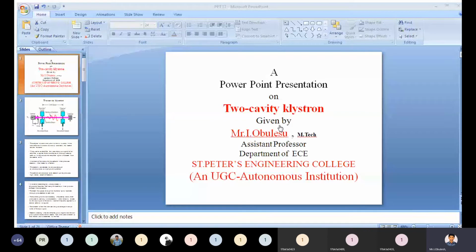Their kinetic energy is converted into electric potential energy by increasing the amplitude of the oscillating electric field in the cavity.